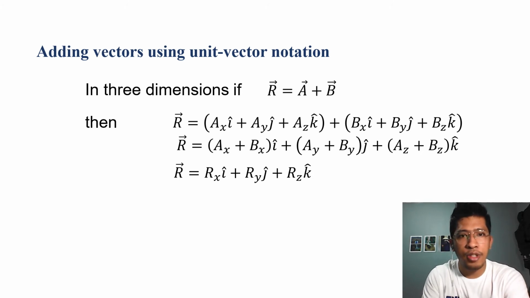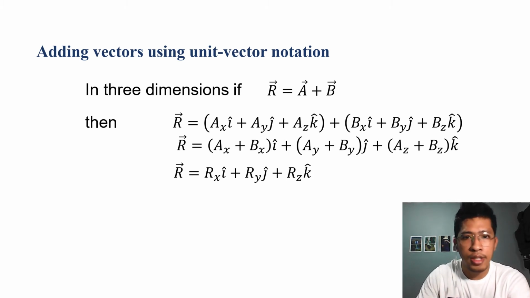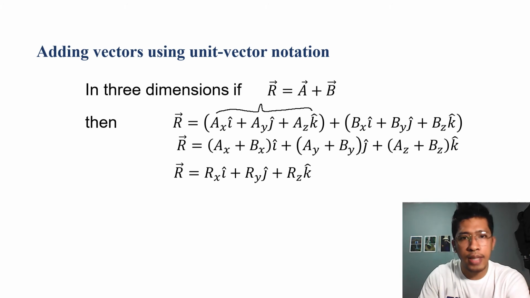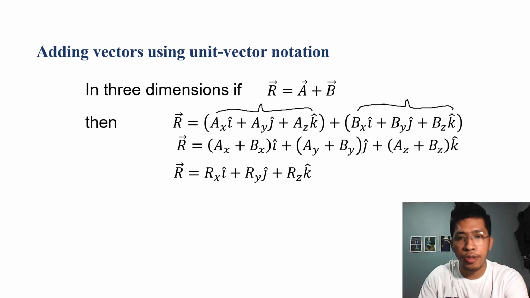In adding your vectors using unit vector notation, say for example in 3 dimensions, if you have your vector A given by ax i hat plus ay j hat plus az k hat, and your vector B given by bx i hat plus by j hat plus bz k hat, and then we want to find the resultant vector R, which is equal to A plus B.